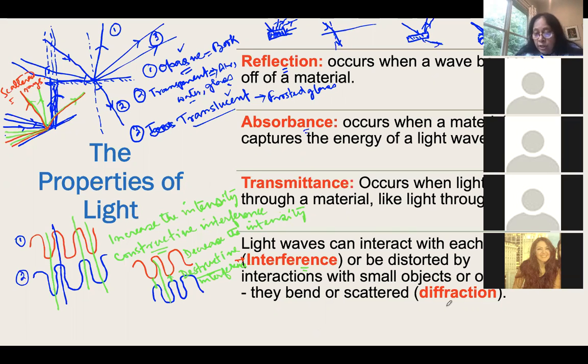Okay. One more interesting characteristic feature of light is diffraction. If light falls on very small, minute objects, they get diffracted. That's called diffraction. Or you can see how light can move through a hole.